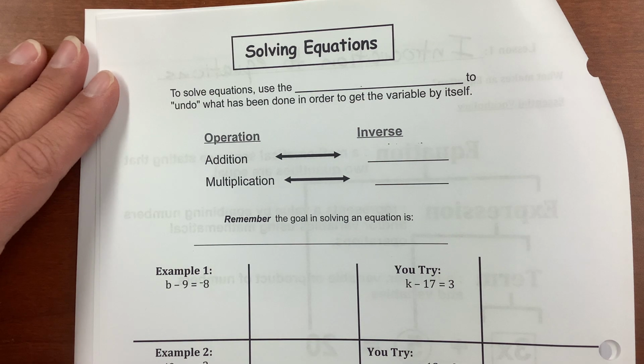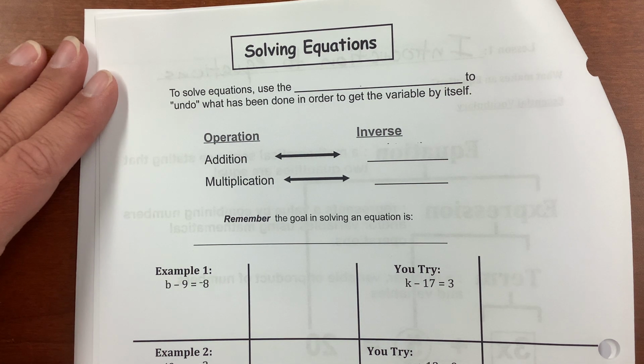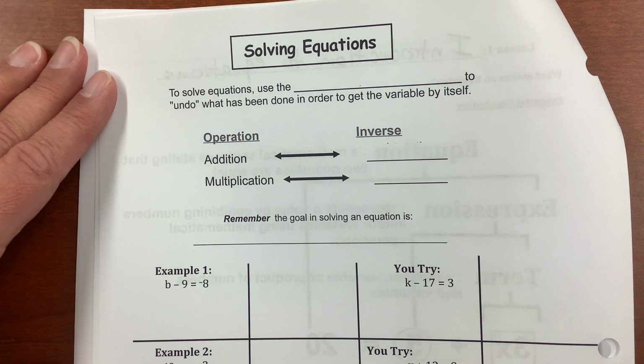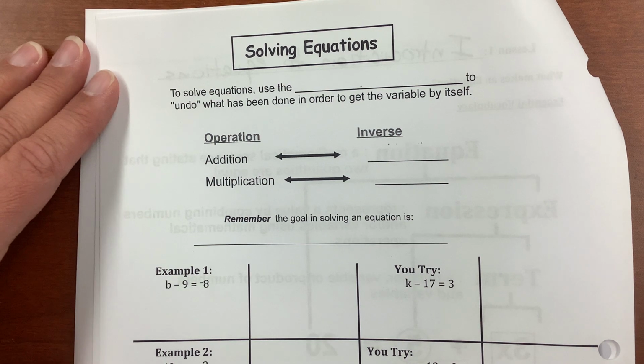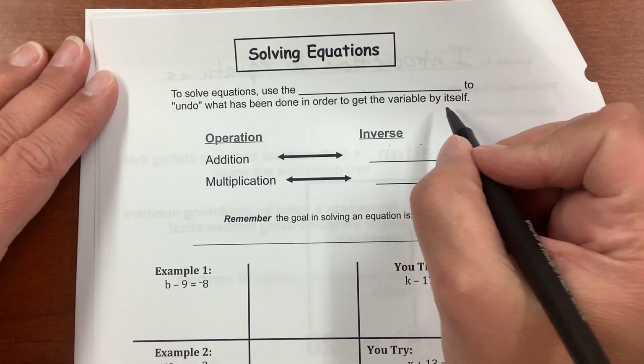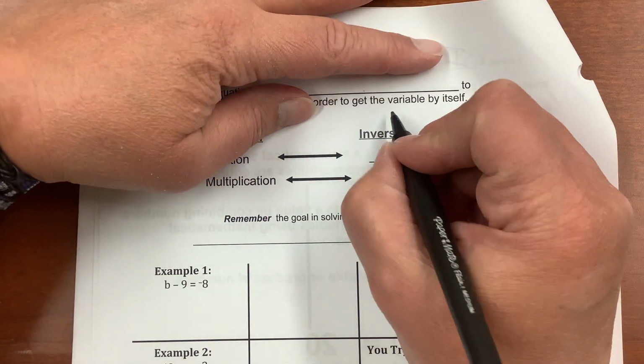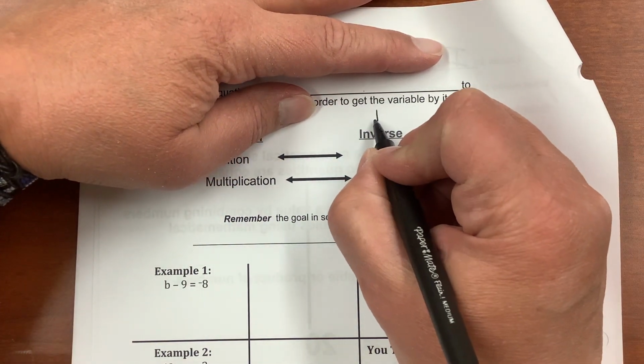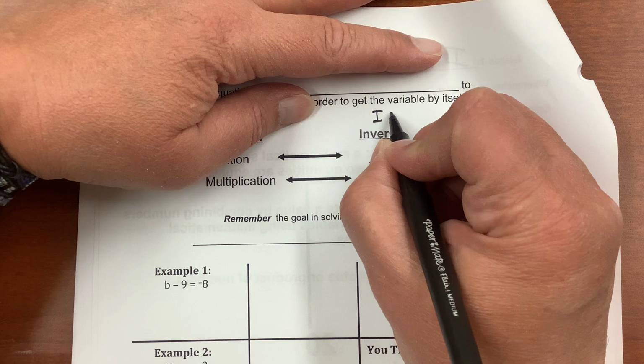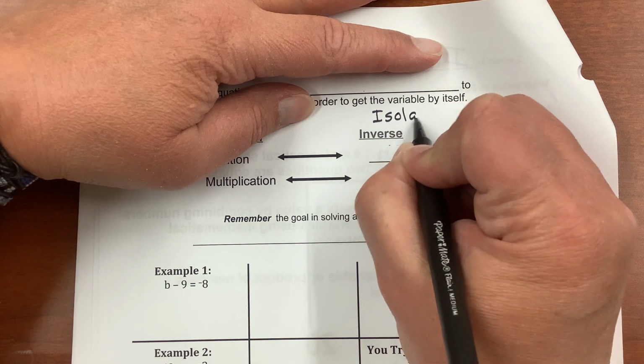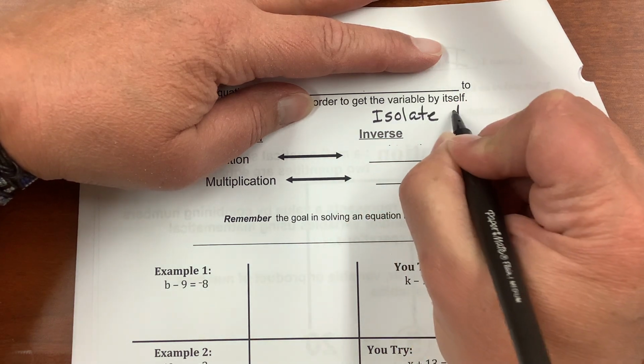When you isolate a variable, it's all by itself. It doesn't have any addition or subtraction or multiplication or division with it. It's all alone on one side of the equal sign. And on the other side is where all the numbers are going to end up. So to get the variable by itself, I'm going to write the word isolate underneath here. Isolate the variable.